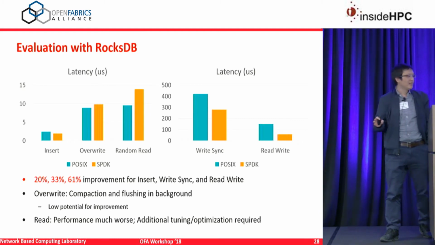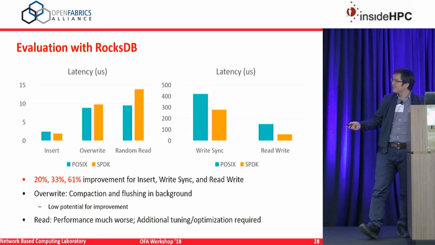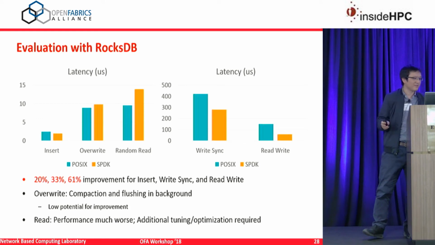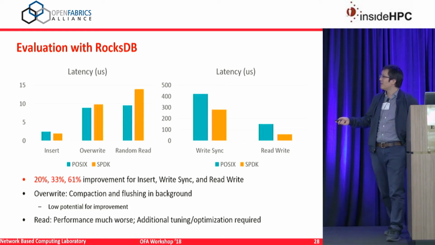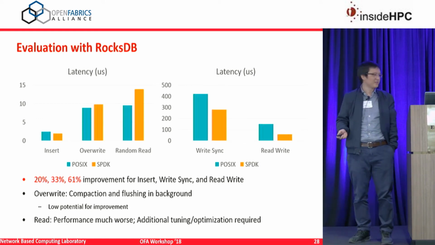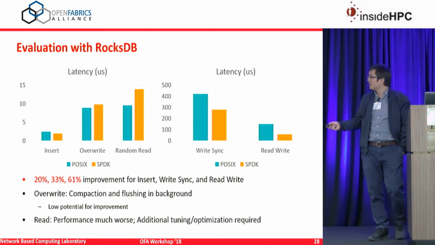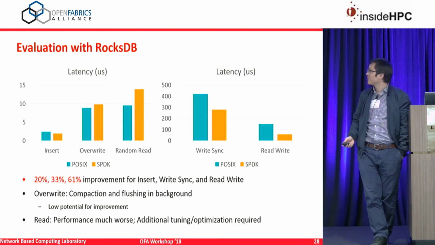That's pretty good. But for overwrite, SPDK has a little performance overhead compared with POSIX, and for read there is some overhead as well. We're trying to do additional tuning and optimization in the future, but overall the numbers look pretty good with RocksDB.